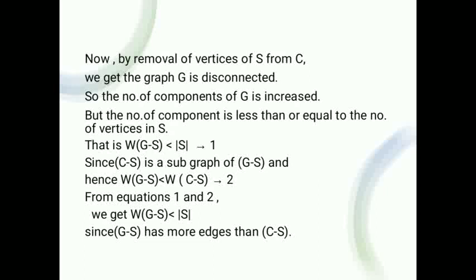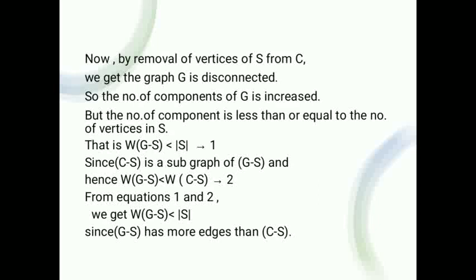So the number of components is increased, but the number of components is less than or equal to the number of vertices in S. Therefore, omega of G minus S is less than or equal to mod S. We take this as equation 1.